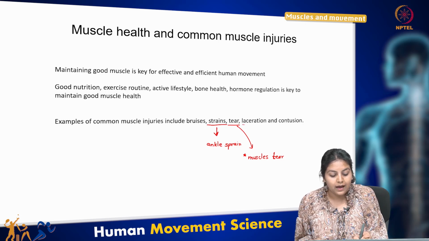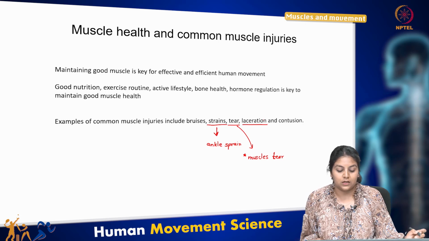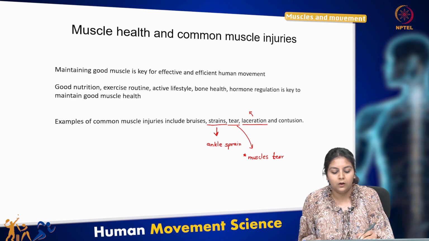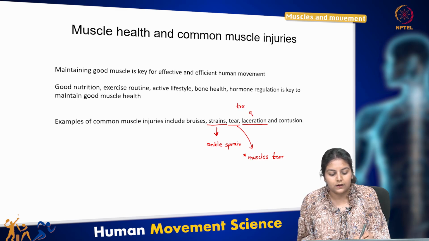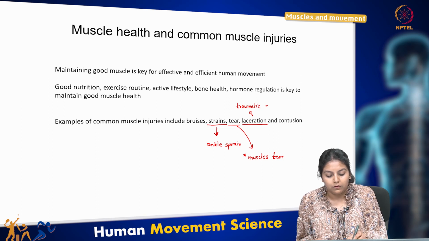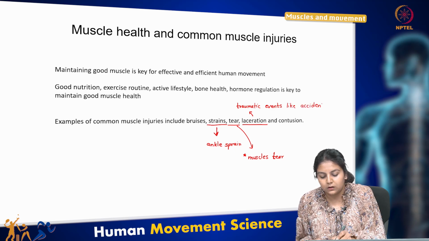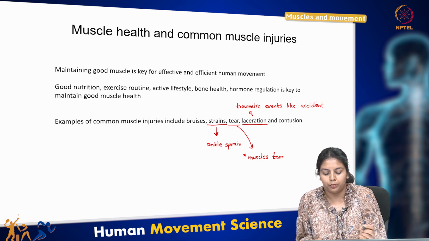You can also have a muscle injury of laceration, although these are quite rare. Laceration usually happens during traumatic events like accidents, when you have an accident with an open wound.